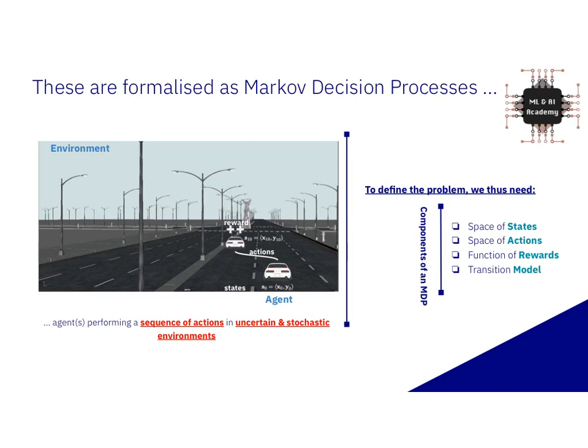Right, so by now we have understood that in reinforcement learning, we have an agent that is performing, as we agreed, a sequence of actions in an environment that is typically stochastic and uncertain.